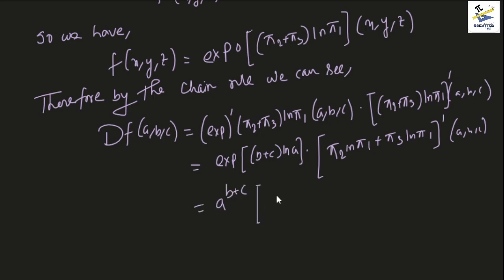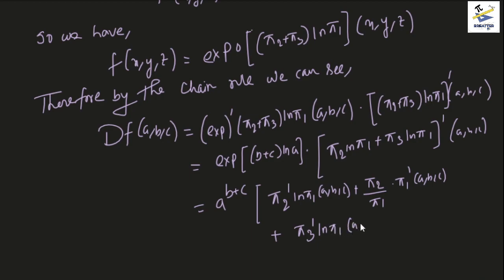And now this derivative is basically pi 2 prime ln of pi 1 at the point a comma b comma c plus pi 2 by pi 1 into pi 1 prime at the point a comma b comma c plus pi 3 prime ln of pi 1 at the point a comma b comma c plus pi 3 by pi 1 into pi 1 prime at a comma b comma c.